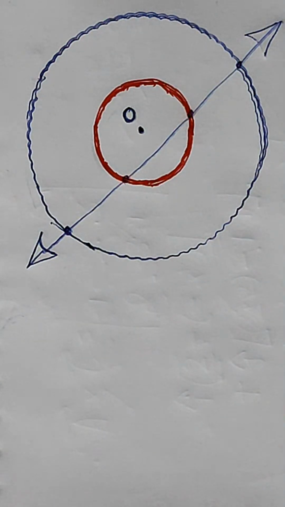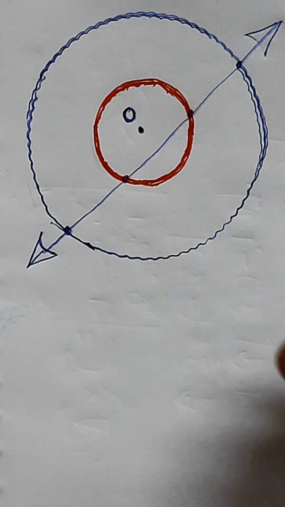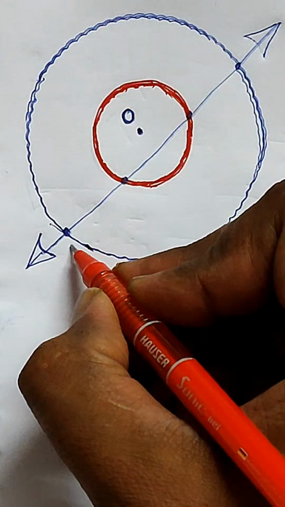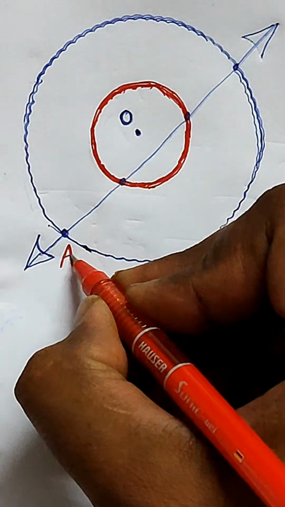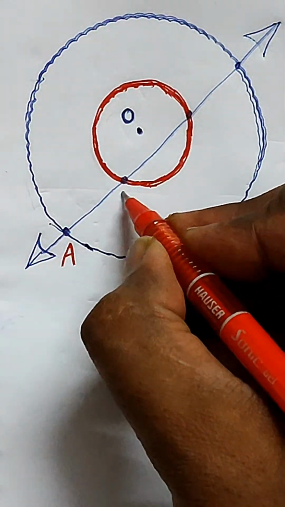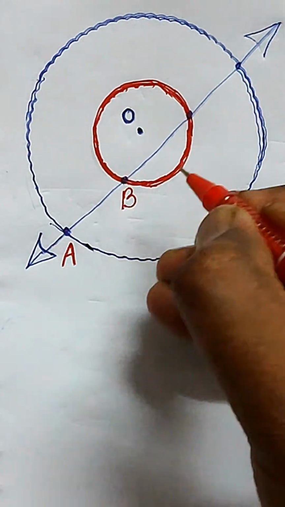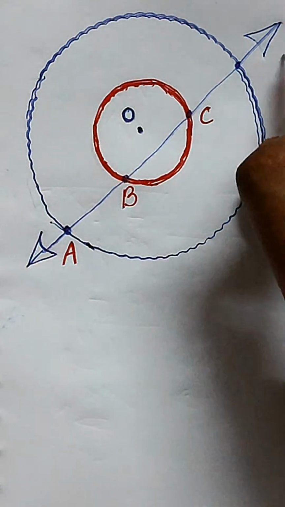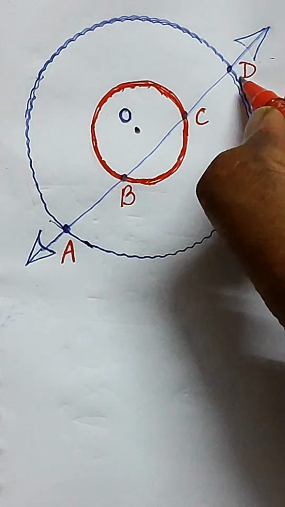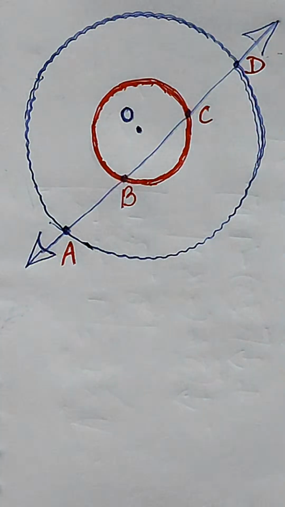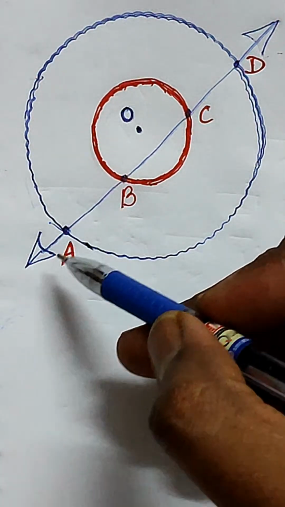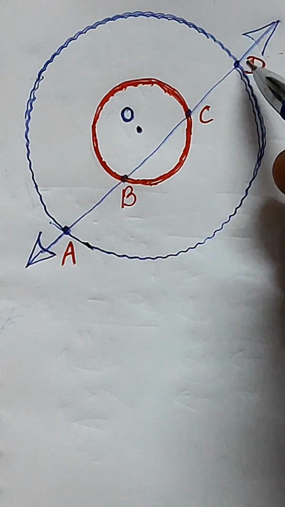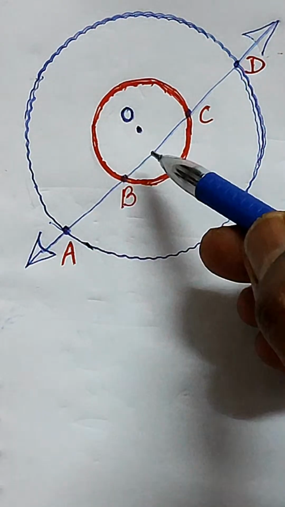And all these 4 points are A, B, C, and D.